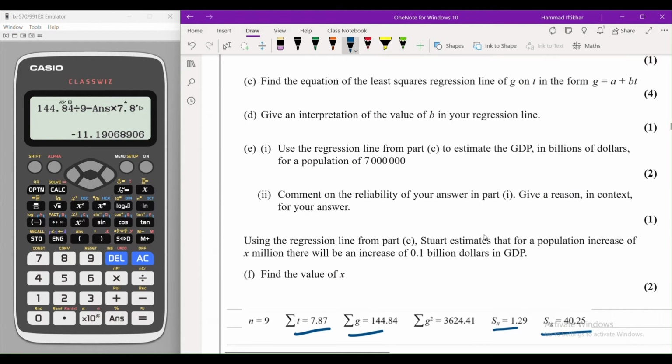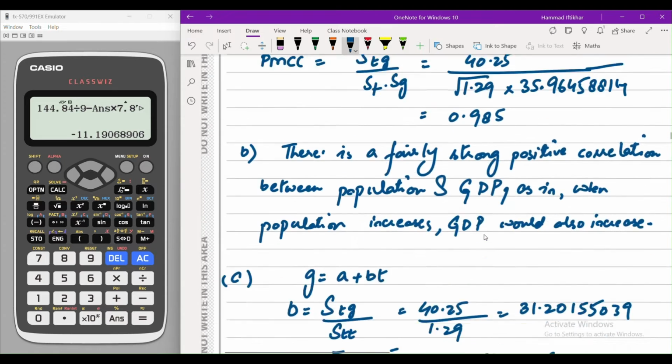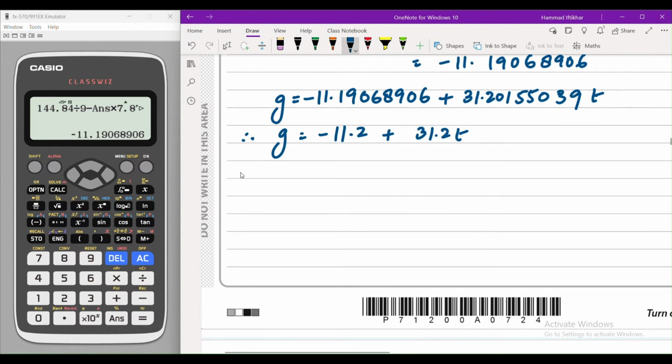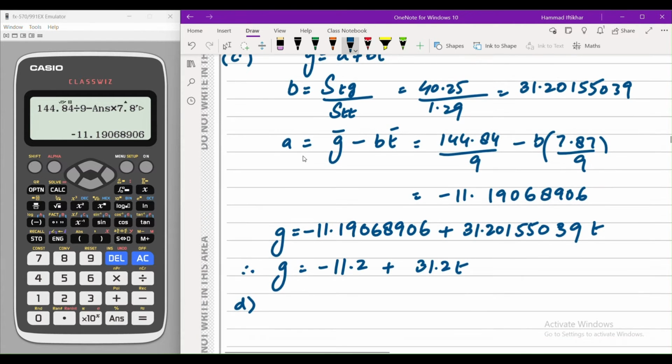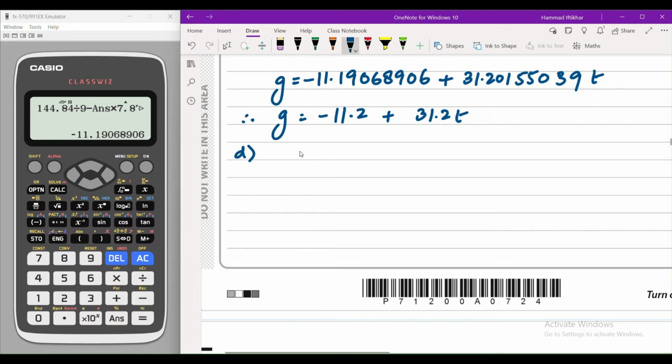Give an interpretation of the value of B in your regression line. So B represents the gradient, the rate of change. 31.2. T was in millions.